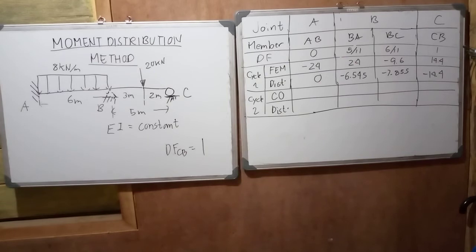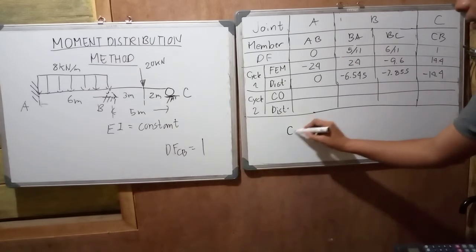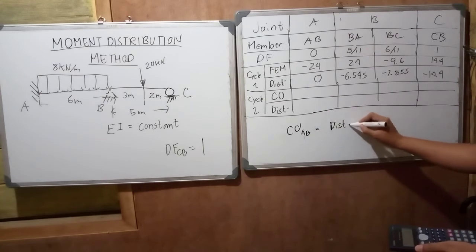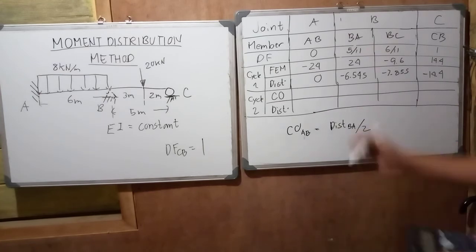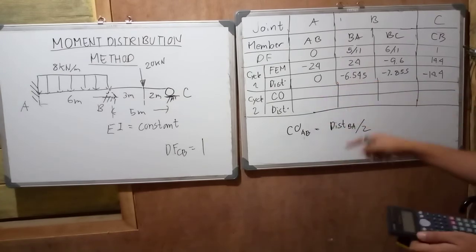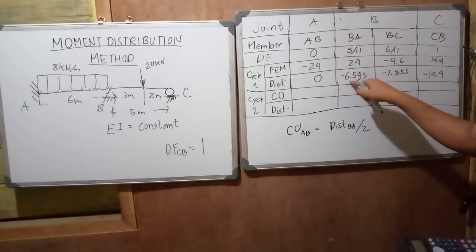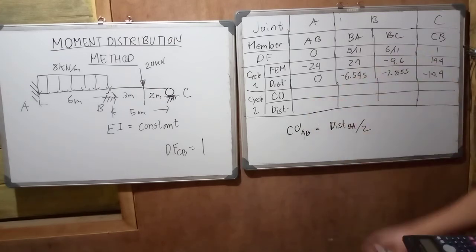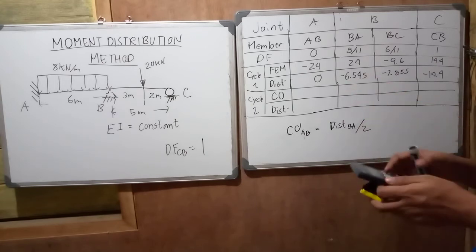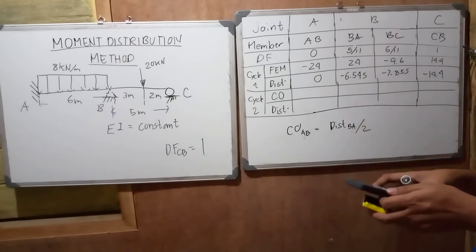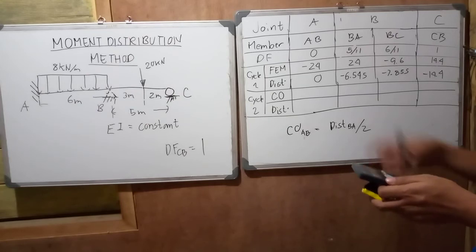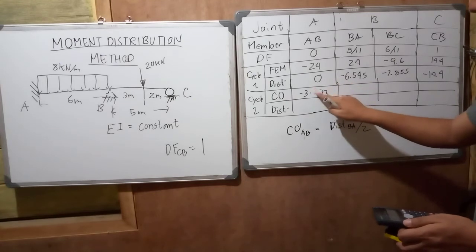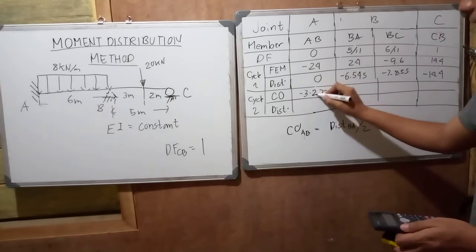So, alam naman natin na si CO at AB is equivalent to distribution BA over 2. Okay? So, yung carry over moment natin, dito niya malipat. Magbaliktaran yung carry over, di ba? So, as I explained nung first example, -6.545 divide 2 equals -3.273. Okay? This is rounded off to 3 decimal places.